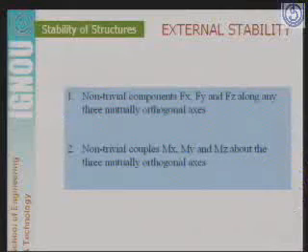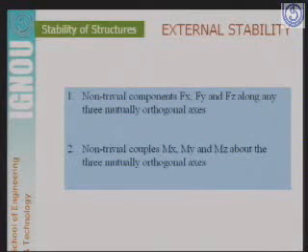So, what are the necessary conditions for external stability? The necessary conditions are non-trivial components Fx, Fy and Fz along any three mutually orthogonal axes. It means that to provide external stability, you should have sufficient external support, such that it provides non-trivial components in the x, y and z directions.